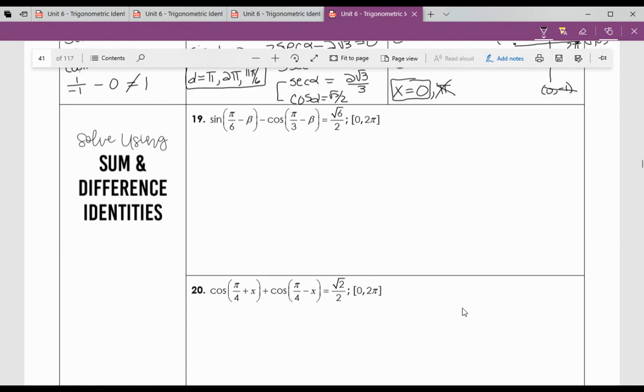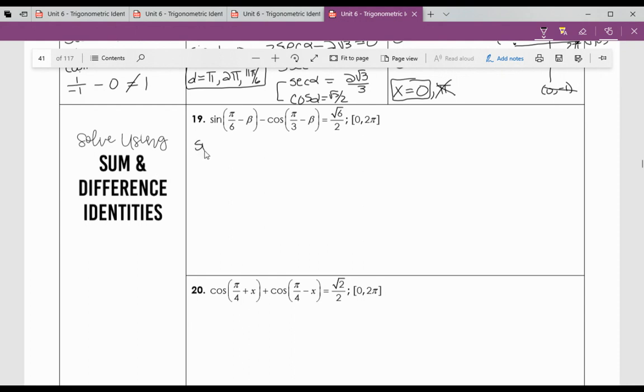Now, for 19 and 20, we're going to use the sum and difference formula, so make sure that you have your reference sheet with you. Okay, so this says sine alpha minus beta, so I'm going to use the difference formula for sine a minus b.